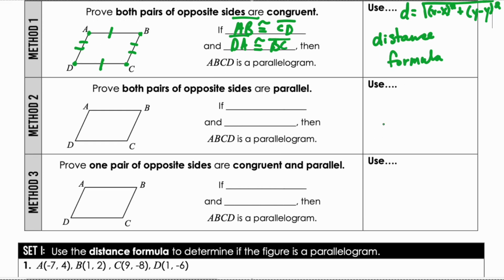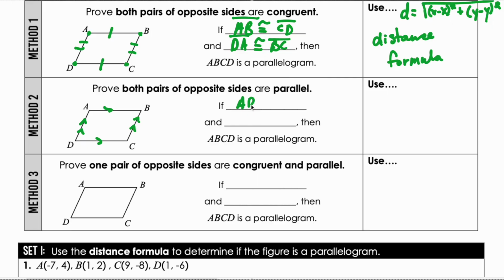The second method we could use to prove that we have a parallelogram on the coordinate plane is when both pairs of opposite sides are parallel. So how do we prove that something is parallel? Well, they have to have the same slope. So in this case, you would usually use your little parallel marks.